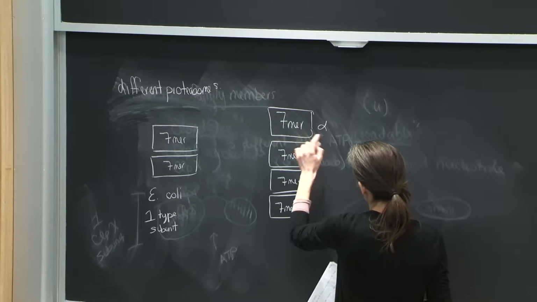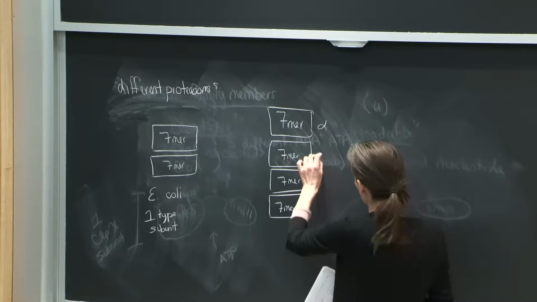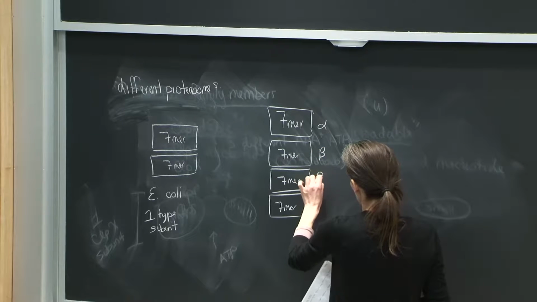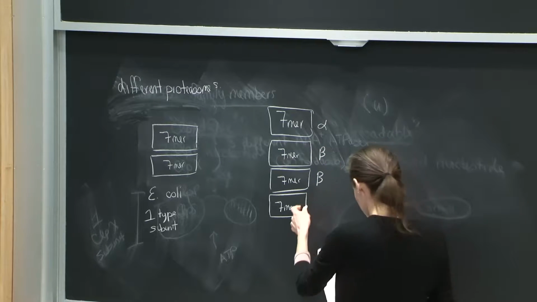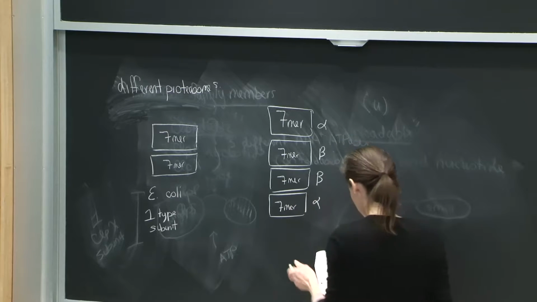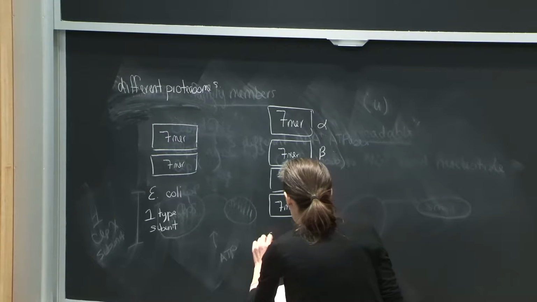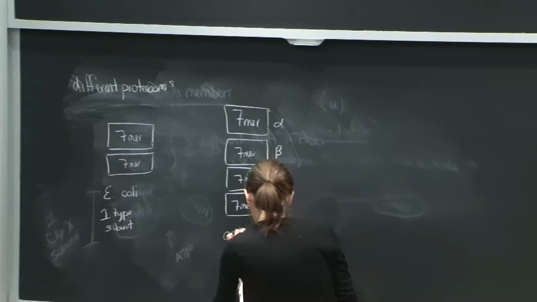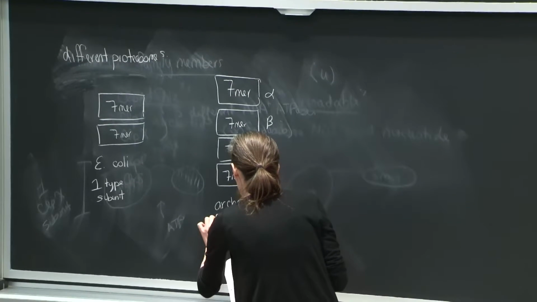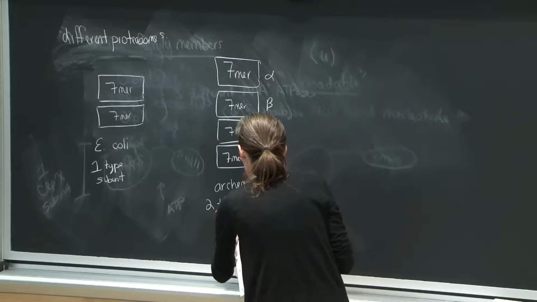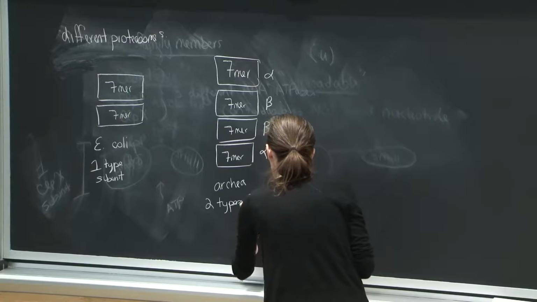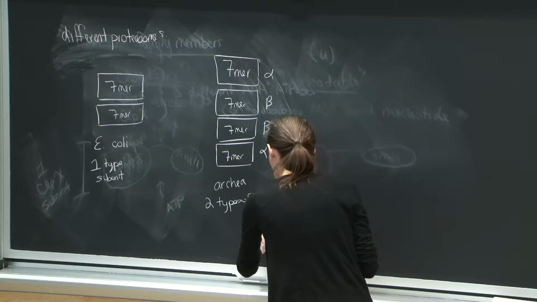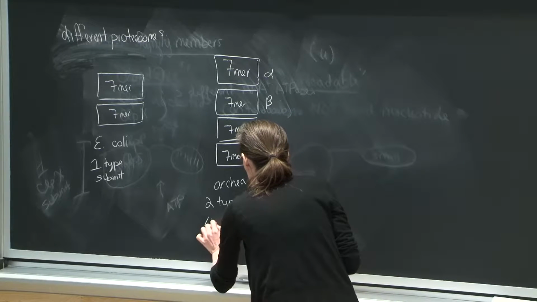So there's a 7mer of 7 alpha subunits, then 7mers that have 7 beta subunits, and here a 7mer with alpha. So we see 2 types of subunit and 4 rings.